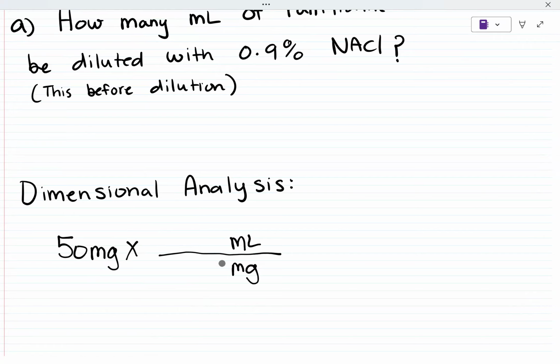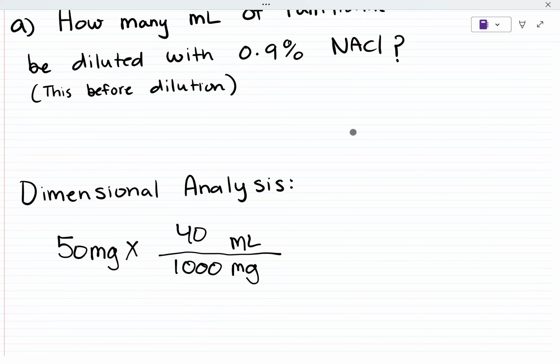So what is the relationship between milliliters and milligrams? Based on the problem, we had a concentration of 1,000 milligrams for 40 milliliters. So you're going to put 1,000 milligrams on the bottom, and 40 milliliters on top.